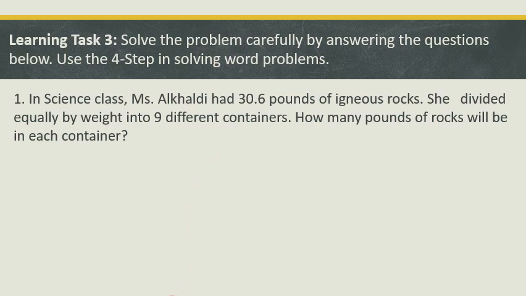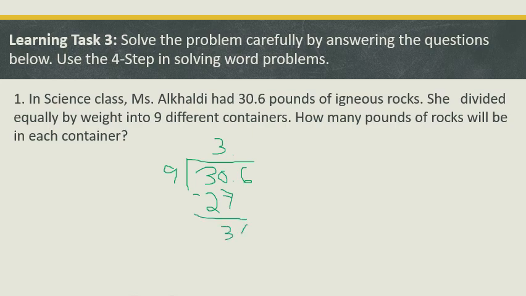So, ito po ay 30 and 6/10 divided by 9. Kung makikita nyo dito, whole number na tong 9. Hindi na natin kailangang mag-adjust ng decimal point kasi whole number na siya. Dito, itapat lang natin yung decimal point dito sa taas. Okay, then divide na tayo. 30 divided by 9 is 3. 9 times 3 is 27. 30 minus 27 is 3.